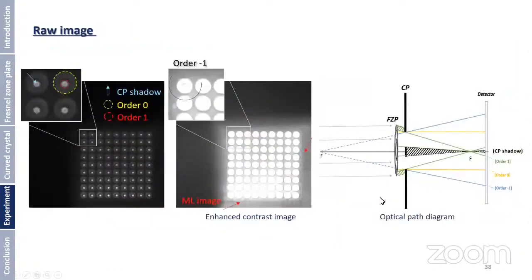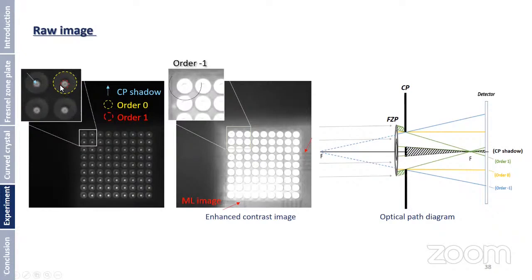We first show the raw images captured by the experimental setup. We can see several structures in these raw images, like the different order images formed by the Fresnel plates in the array. And we can also see the shadow in the center of each micro image.